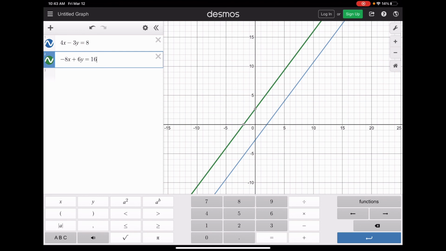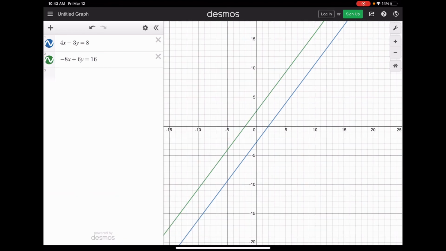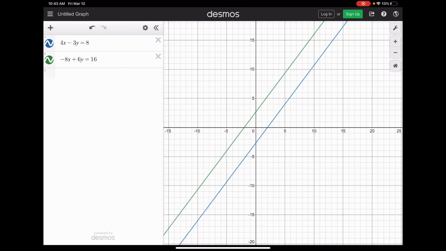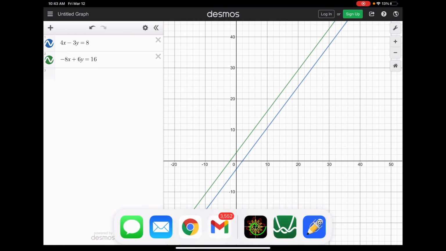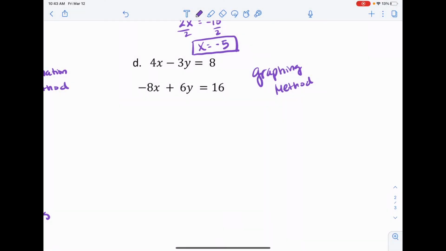Okay. Oh, interesting. So do you guys see how there is no intersection with these lines? I see their intercepts, but they're parallel. They just keep going and going. There's no point where they intersect. So that tells me that there are no solutions because there's no intersection. And that's what we've been looking for this whole time.